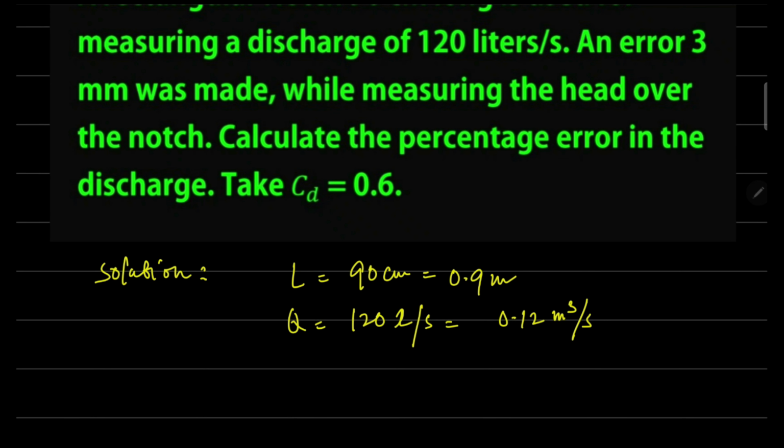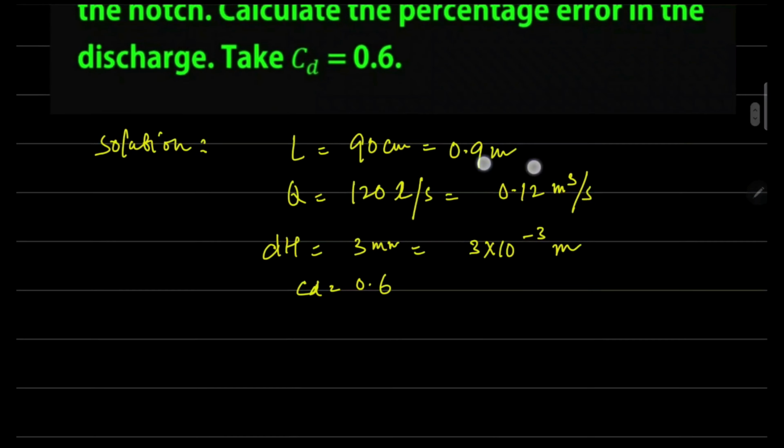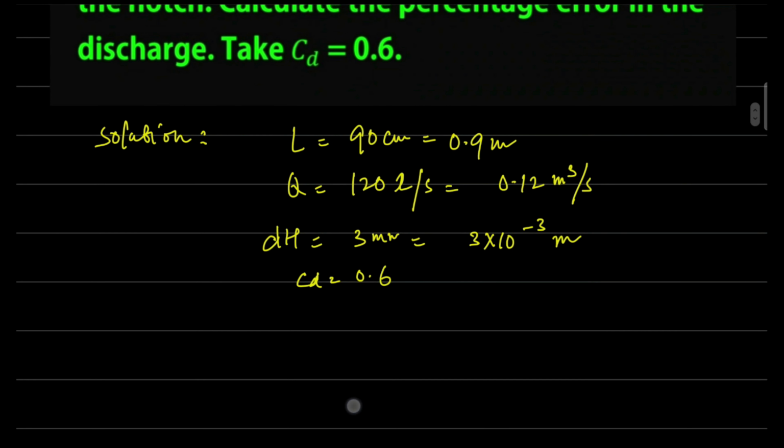The error in the head, that is dH, is 3 mm, that means 3 into 10 to the power minus 3 meters, and the CD value given to us is 0.6.